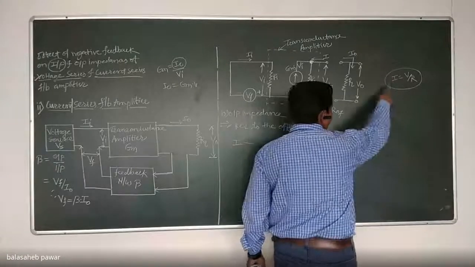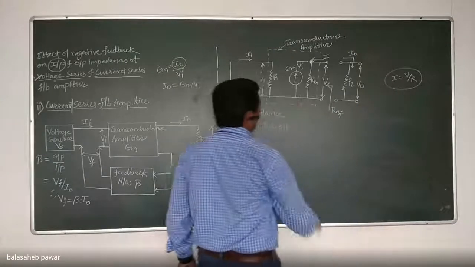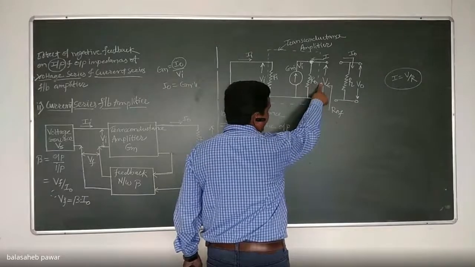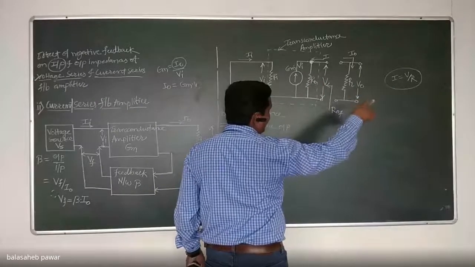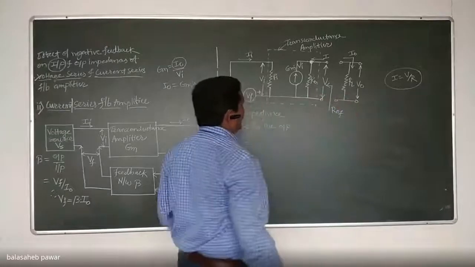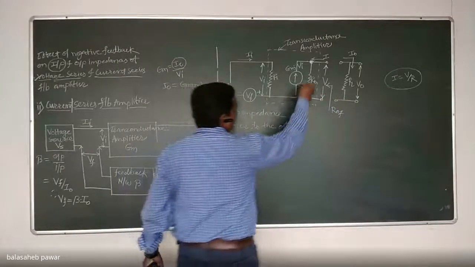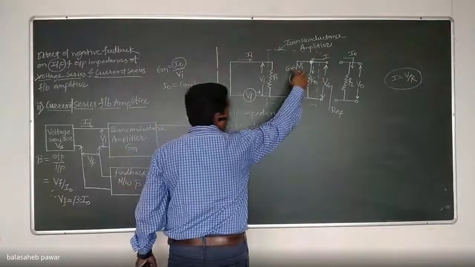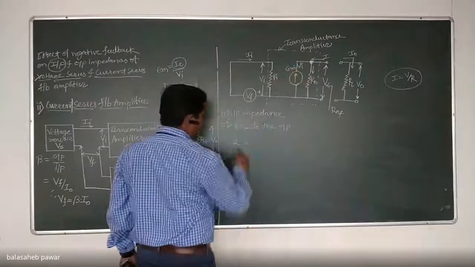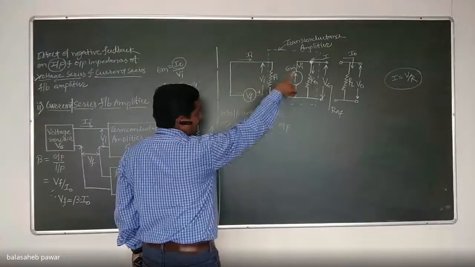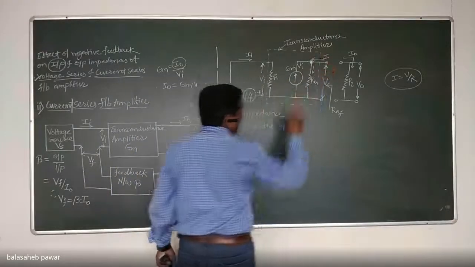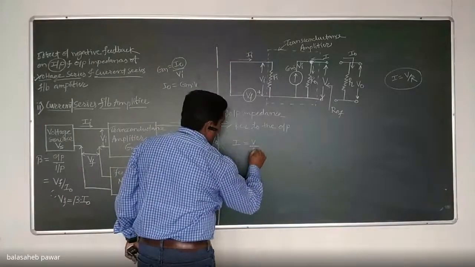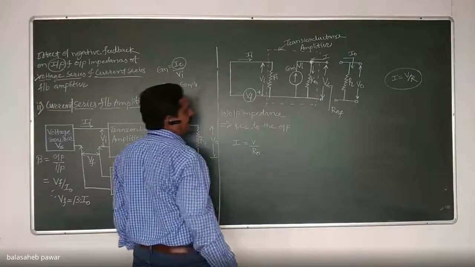Now, how much is the voltage across that arrow we are considering? That is V itself, divided by how much is the resistance? That is RO. So I equals the current flowing through this RO plus this current source itself. So I can write the considered output current, I equals V by RO plus that current source itself.